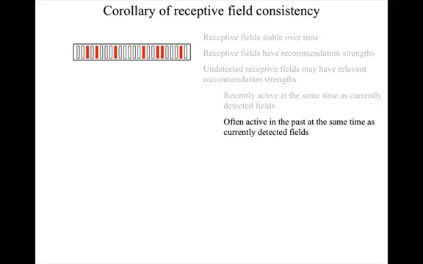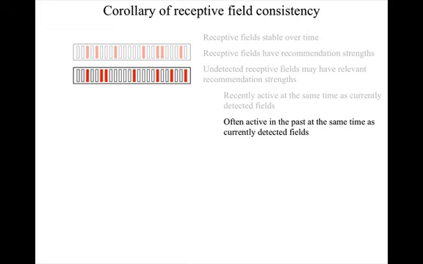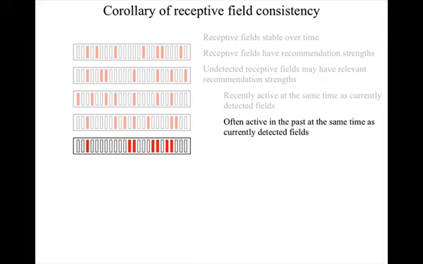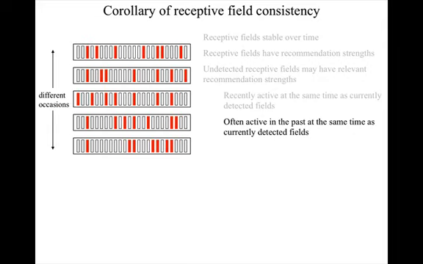To give another example, suppose some group of columns are detecting their receptive fields in response to some situation. In some later situation, a different group of columns are active, in other situations yet other groups, and so on.